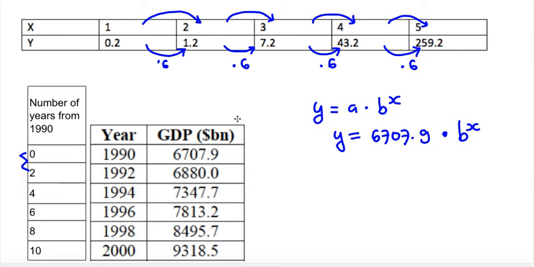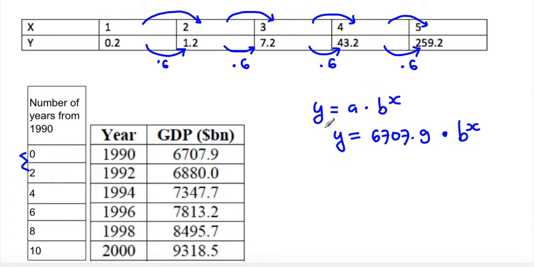I'm going to pick one value. It doesn't have to be the next one, you can also pick 1996 for instance, but for the sake of simplicity I'll just take 2, 6880.